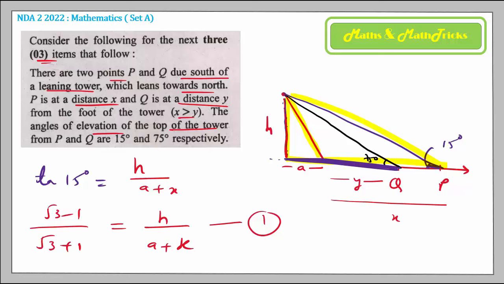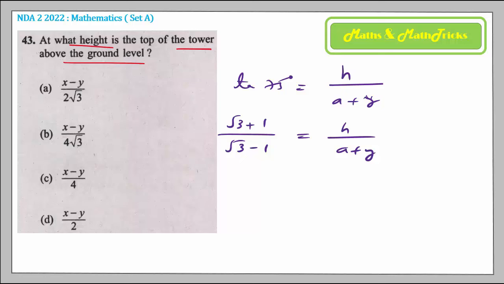So what you can do is you can rearrange this equation in terms of a. So you can write that as a is equals to, h will be multiplied to root 3 plus 1 by root 3 minus 1 h, and then from that we have to subtract x, isn't it? And this side, what can you write about this a? I am writing here.